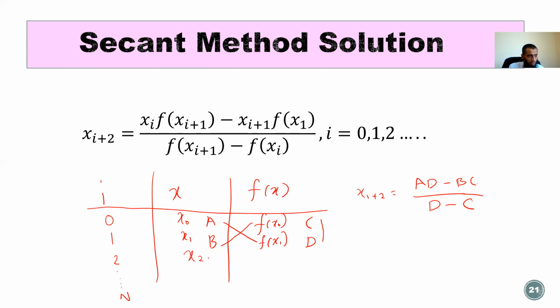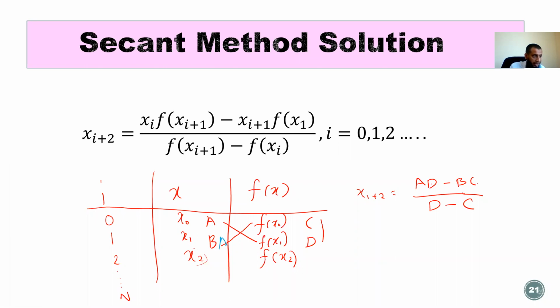Once you get this value x2, please put x2 into the equation. Then for the next iteration, the A, B will be like this.